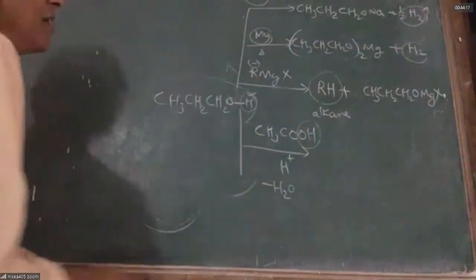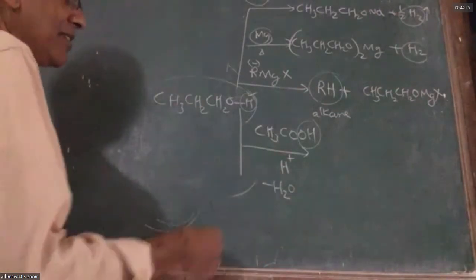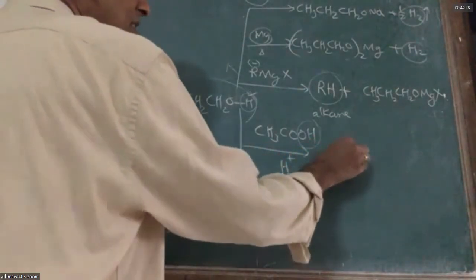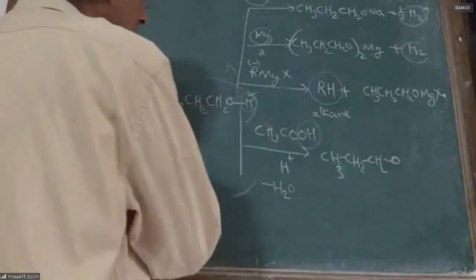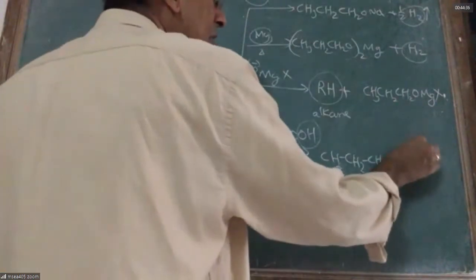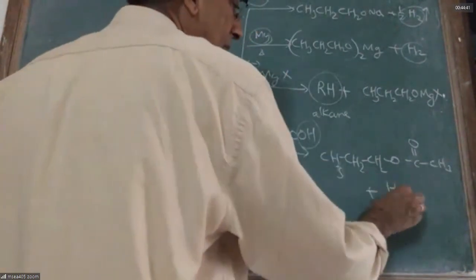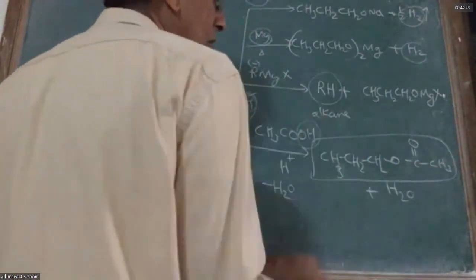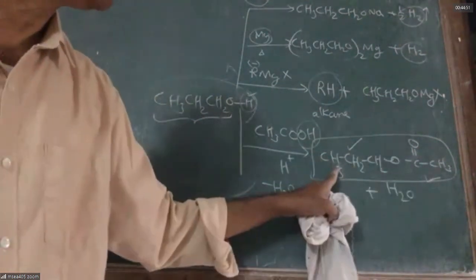It is not exactly neutralization, it is like that. Here, CH3CH2CH2O of propanol combines with the C double bond O CH3, releasing water. This compound is called propyl ethanoate. It is an ester, RCOOR.